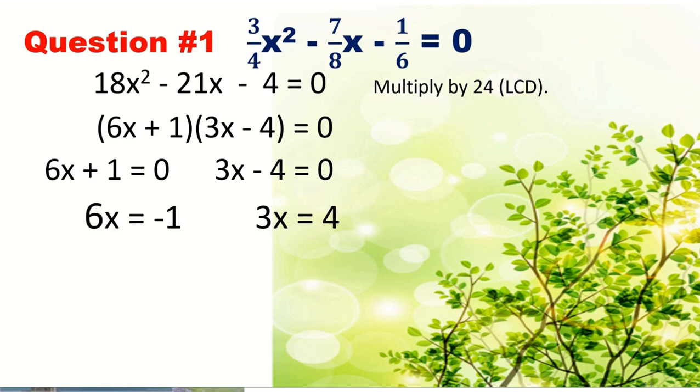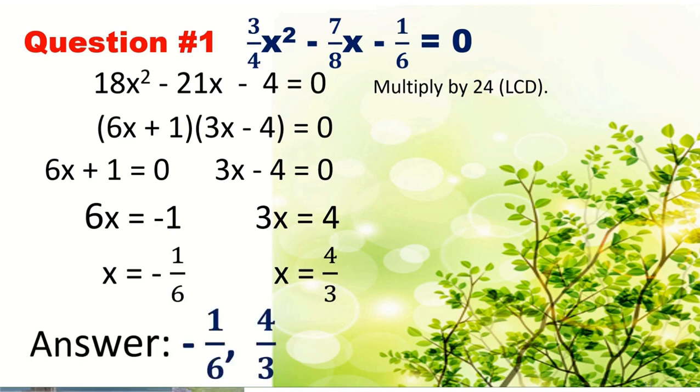It becomes 6x equals negative 1. The other one, 3x minus 4 equals 0. It becomes 3x equals 4. Now the values of x, we have x equals negative 1/6 and x equals 4/3. The answer is now, we have negative 1/6 and 4/3. Any question?